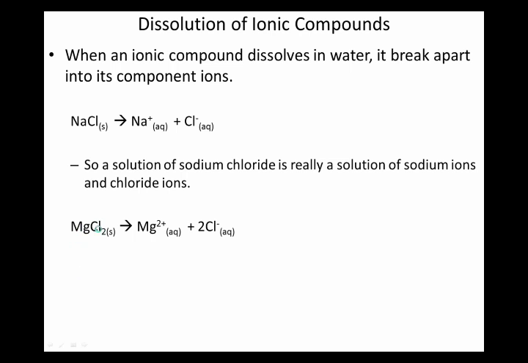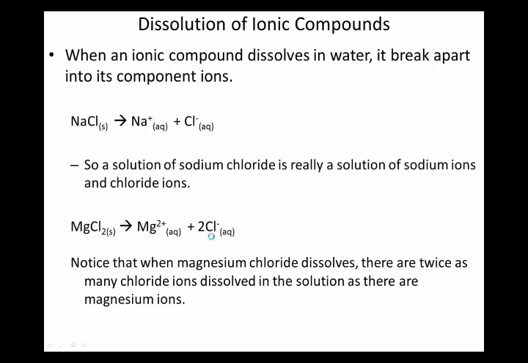But now that they're solvated, now that they're hydrated, solvated is the general term for being surrounded by solvent molecules and dissolved. Hydrated is specific to water. So now that they're hydrated, the ions are separated. So this is 2 totally distinct and separate chloride ions that don't hang together as like Cl2, right?